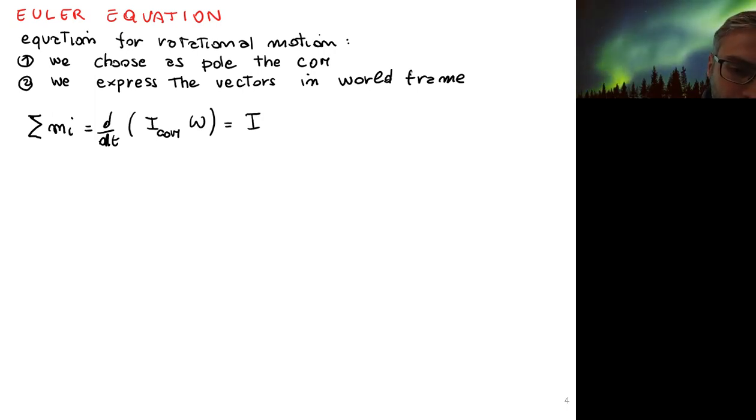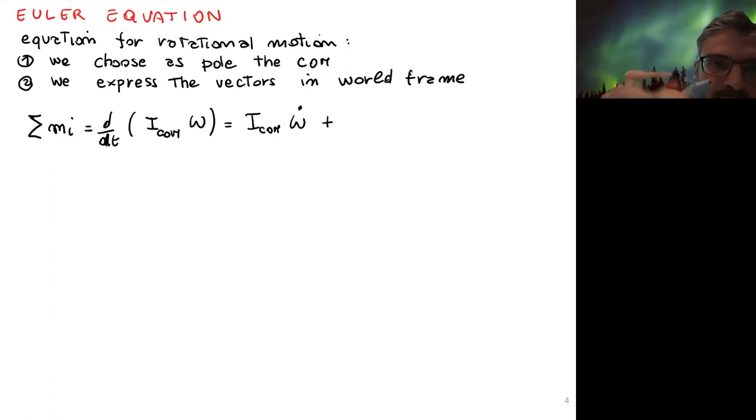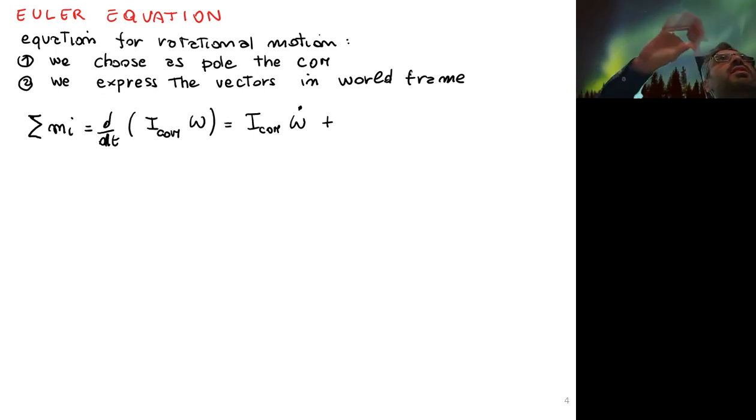Then, if we work out the derivative of the product, we get ICOM omega dot plus, also we know that the tensor of inertia can vary if we express it in an inertial frame, because it depends on the orientation, remember, of the link.